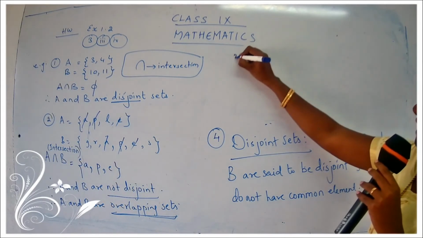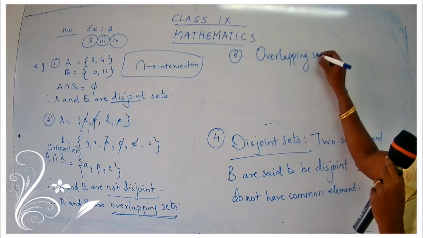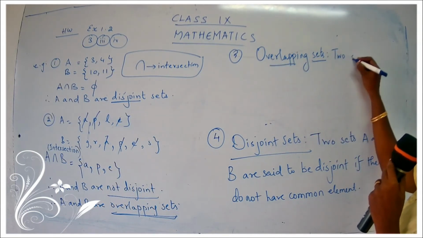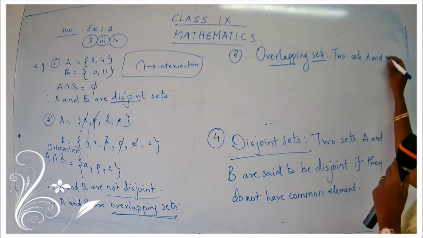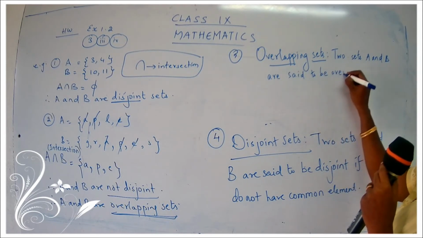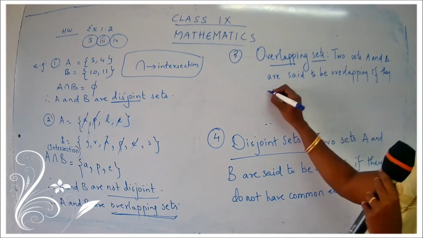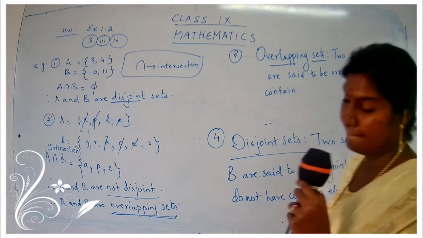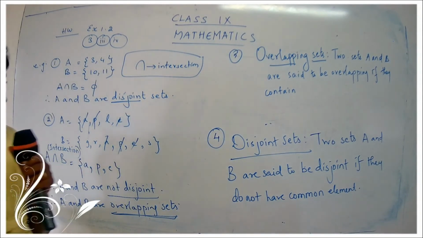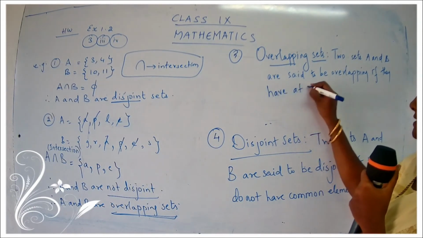Point number 5, overlapping sets. Two sets A and B are said to be overlapping if they contain at least one common element.